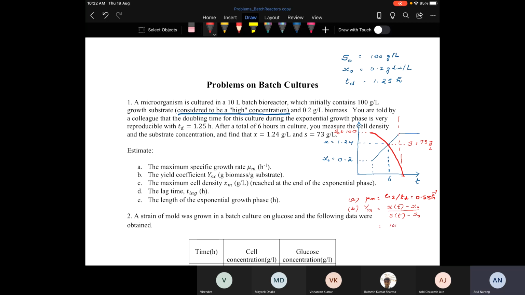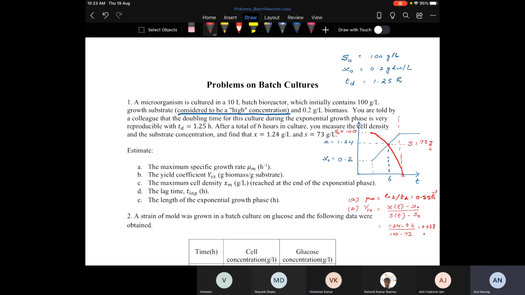This is 100 minus 73, so 1.24 minus 0.2 divided by 100 minus 73, which is equal to 0.038.